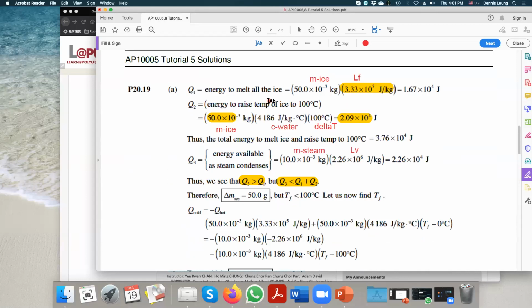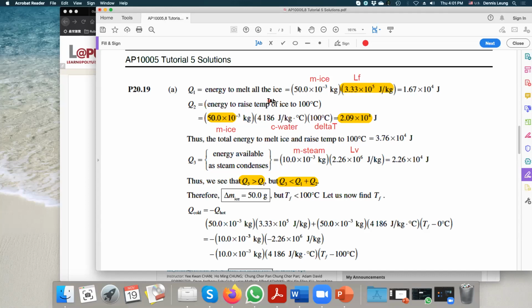You cannot have part of the system in the steam form and part of the system in the water form, unless both of them are 100 degrees C. So if you have the steam that could provide all the energy to melt the ice, then all the ice would be melted.